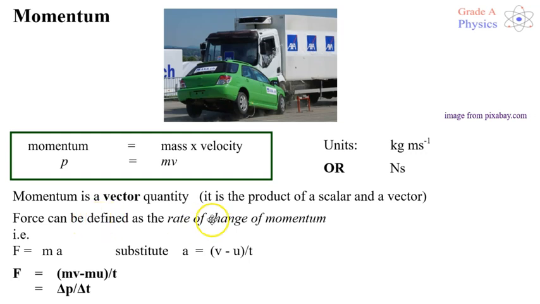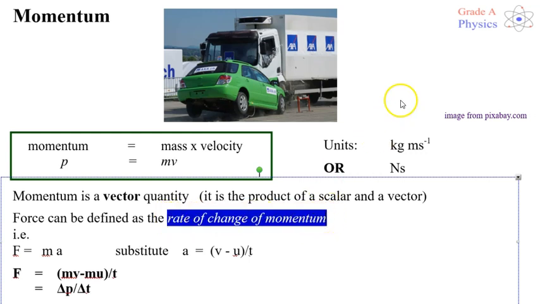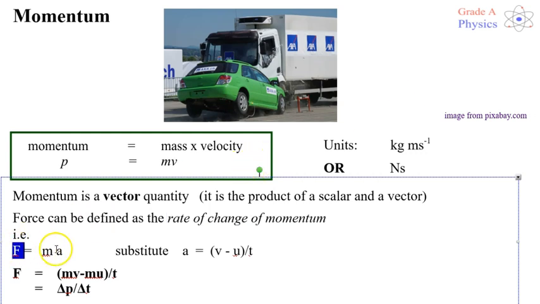And while we're here, we can just think about the rate of change of momentum. Now, we've seen this before. This idea of rate of change is how something changes with respect to time, or the change in the quantity divided by the change in time. So we think about F = ma, which is Newton's second law, and then we substitute the formula for acceleration into that.